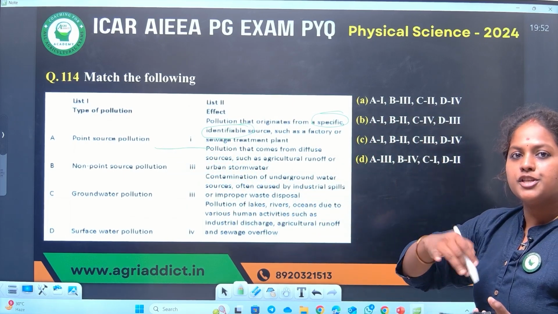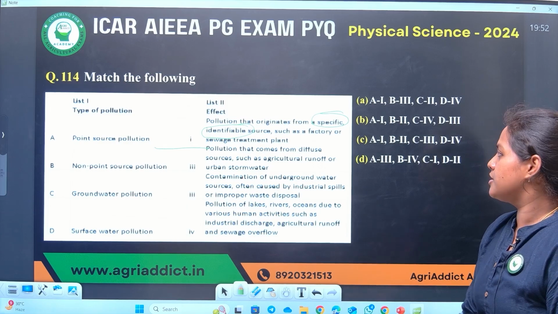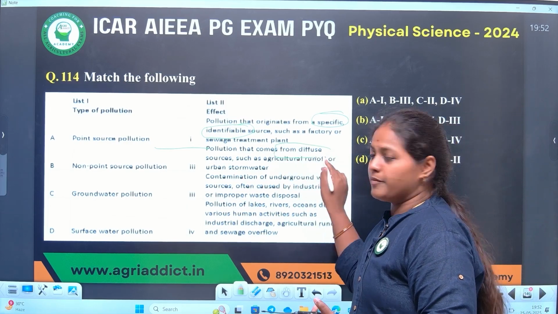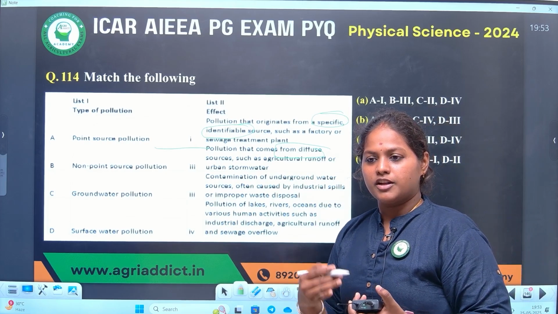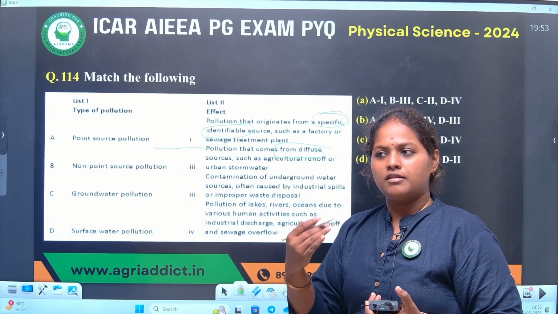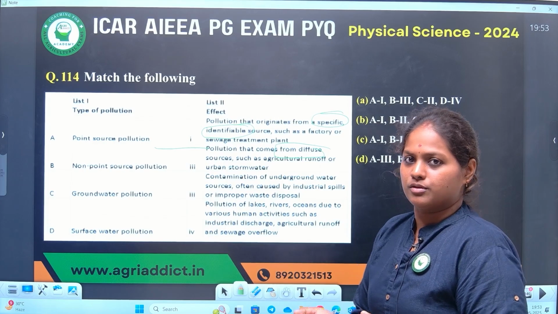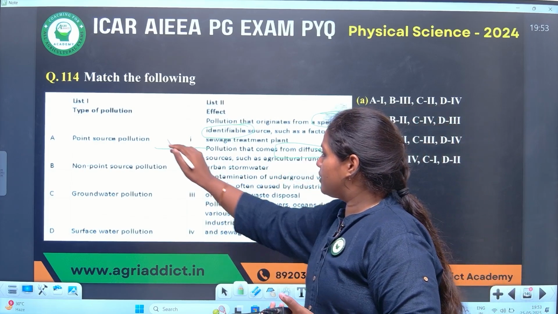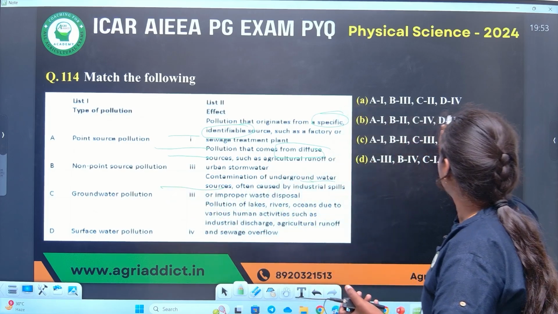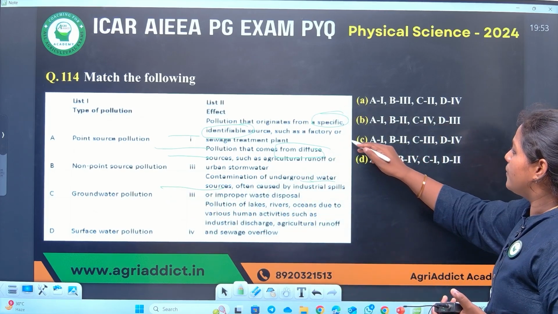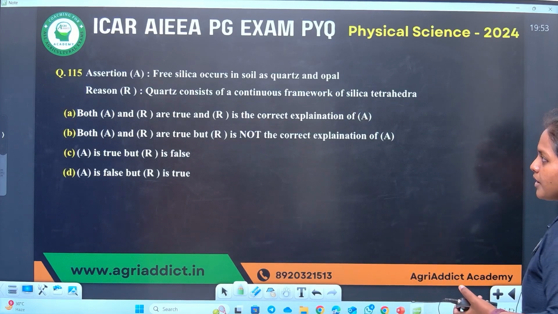Non-point means it is not specific, the pollution will come from very different sources. Best example is agriculture, because waste dumping in agriculture will come from many industries, many sectors. There is no specific source. B2. Groundwater pollution, contamination of groundwater. 1, 2, 3, 4. Looks like right away they gave it. Option C.